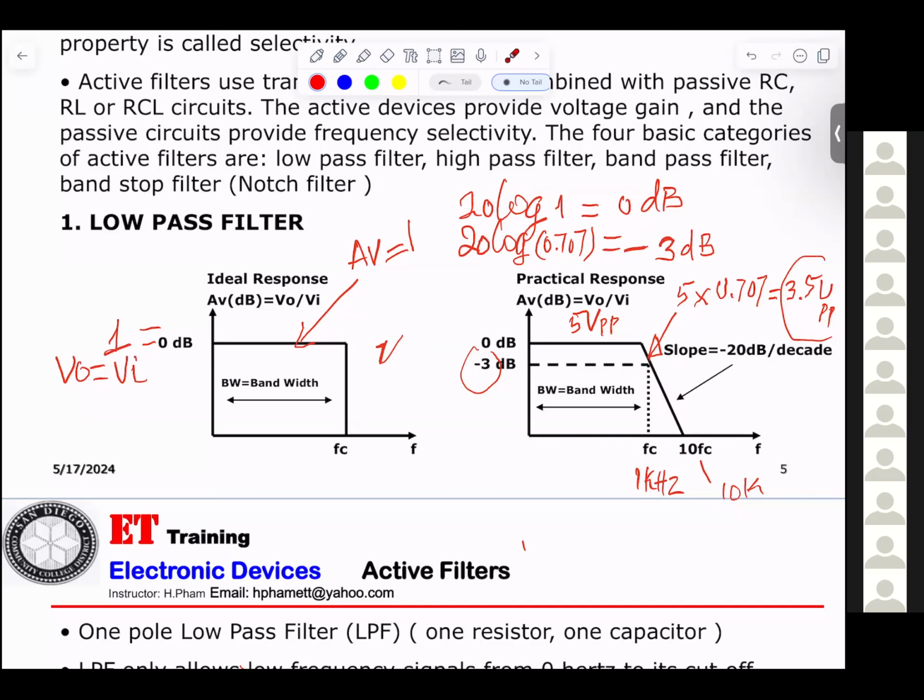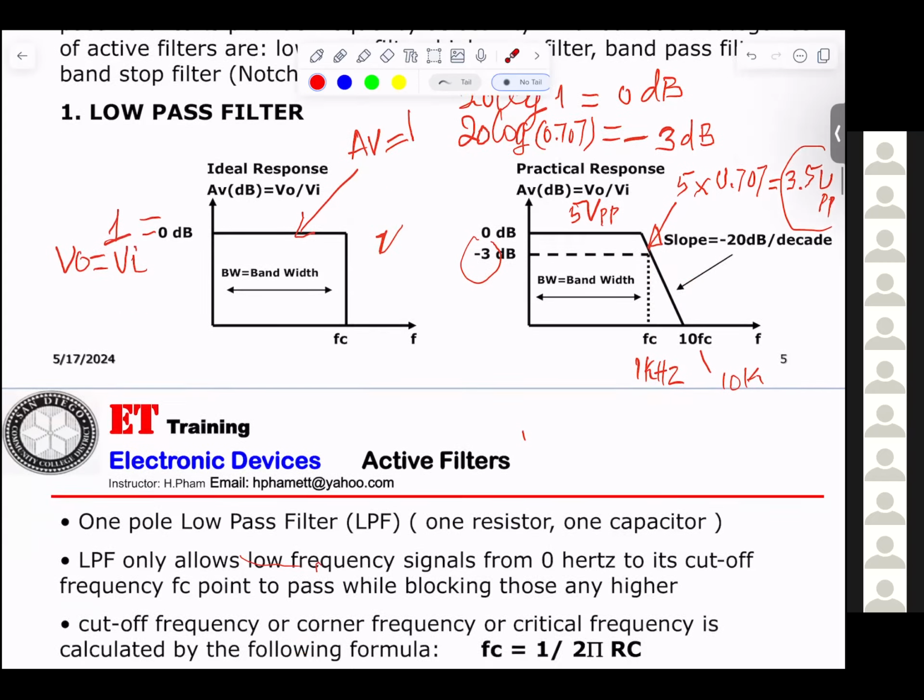The reason is they didn't have a good filter. A good filter means that after FC, they don't want any more signal. That's why now, when you move from one station to the other, you don't hear anything. The reason is they have a very, very good filter. After the cutoff, they don't want anything else. They want to cut it off.